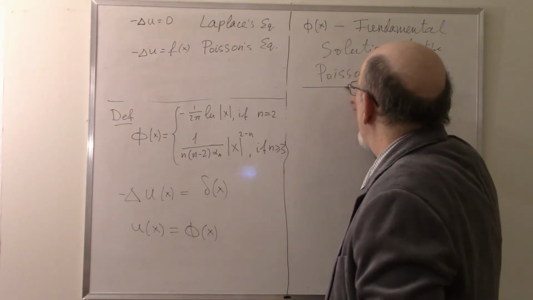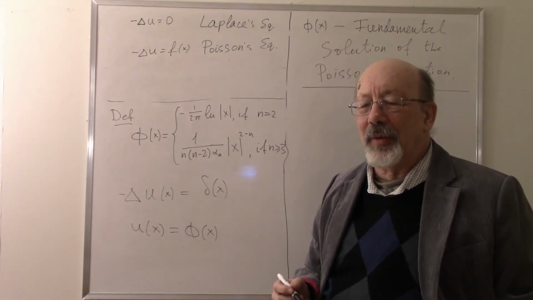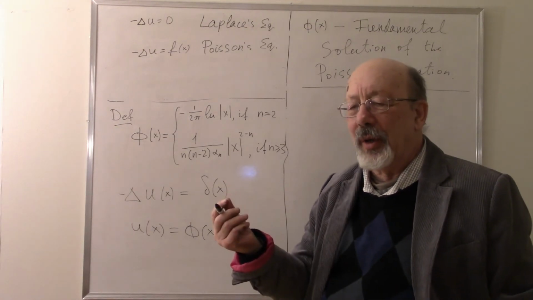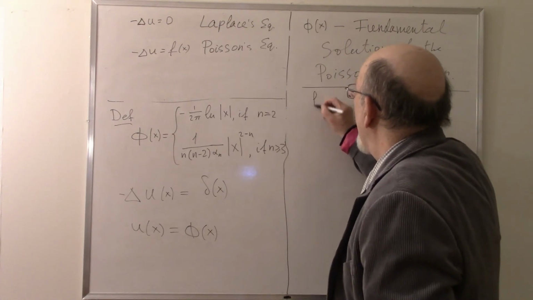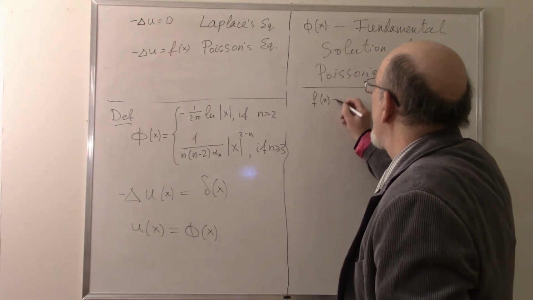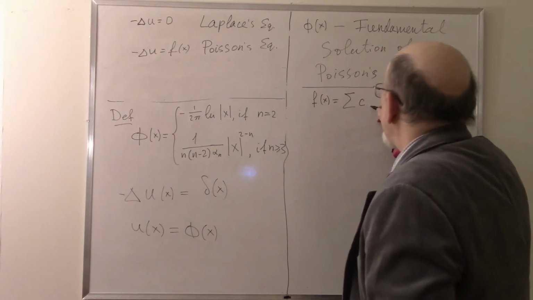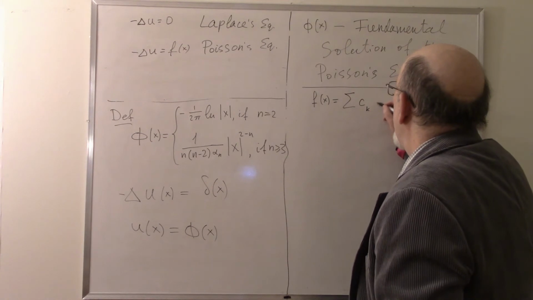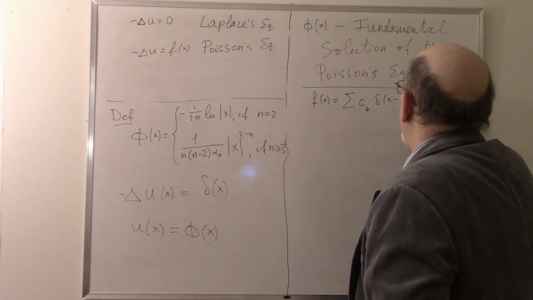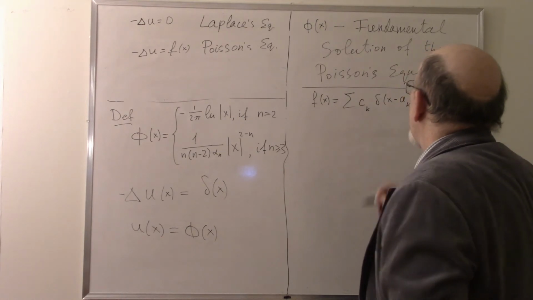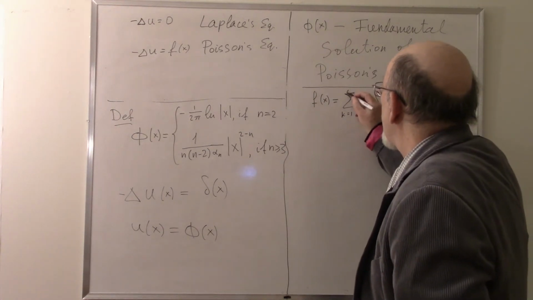And now if you know how to solve this equation for one delta function, we can also multiply this function. So suppose f of x equals sum ck delta of x minus ak, k say from 1 to some n.